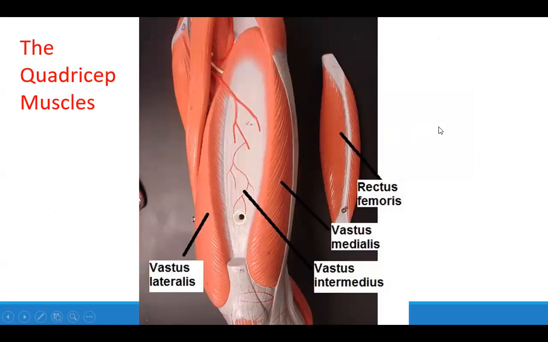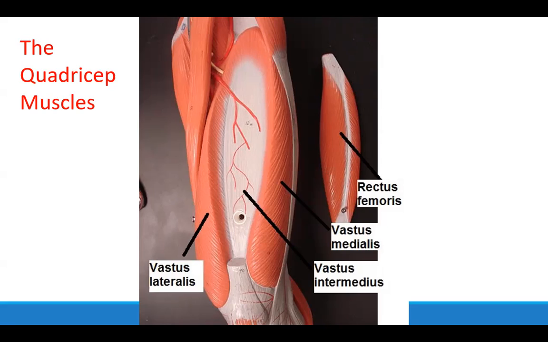Now, in the upper leg, we have a set of 4 muscles you may have heard of called the quadriceps, the quads. 3 of them have the same name. The vastus lateralis on the lateral side, the vastus medialis on the medial side, the vastus intermedius in the middle, sort of like the cuneiform bones with the same name, just lateral, medial, and intermediate.